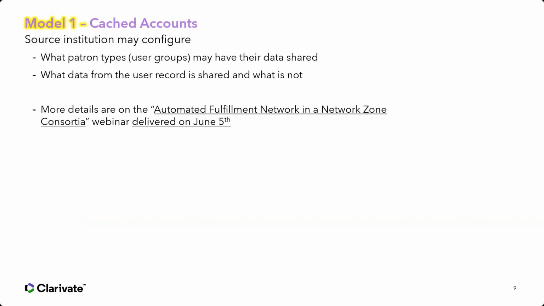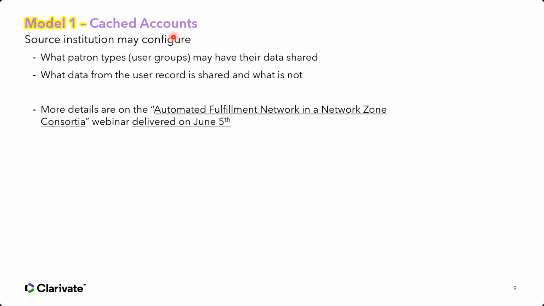One more piece of information here is about institution A in our story, which can also determine what information will actually be shared. For example, if institution A has a strict privacy policy, then it could configure rules that would say institution B will only get the patron name and email and none of the other information which we consider private and should not be shared.